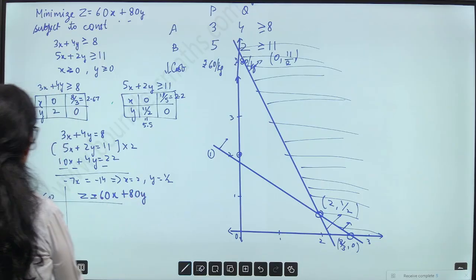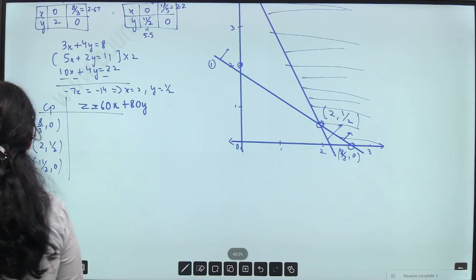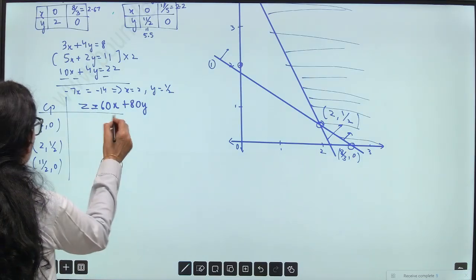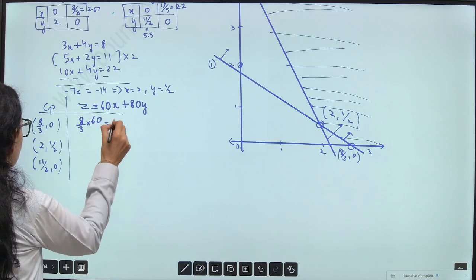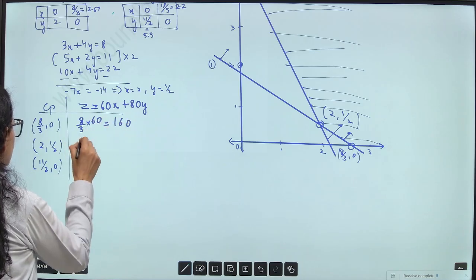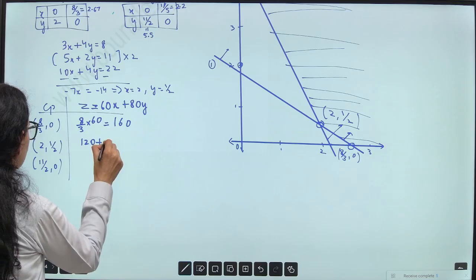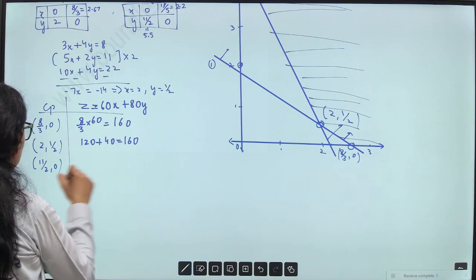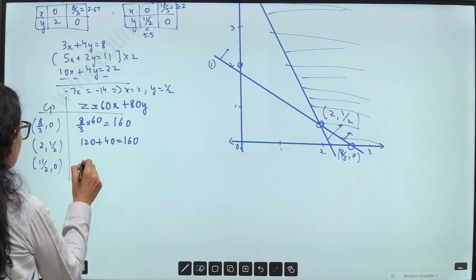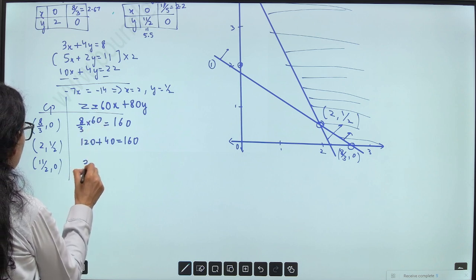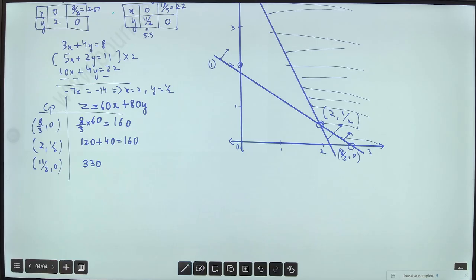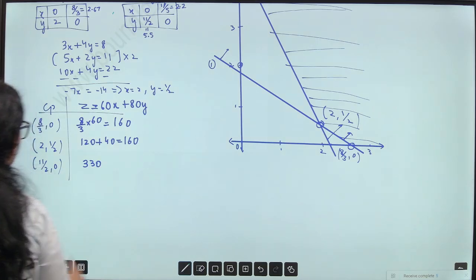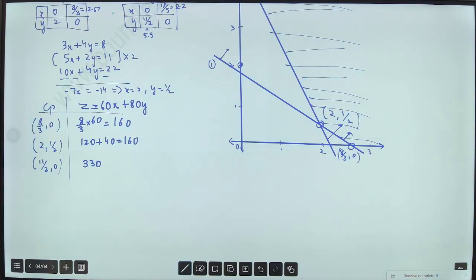So 8 by 3 into 60 is 160. At 2 and half, 6 2s are 12, 120 plus half of 80 is 40, so this is also 160. At 0 and 11 by 2, 80 times 11 by 2 is 440.